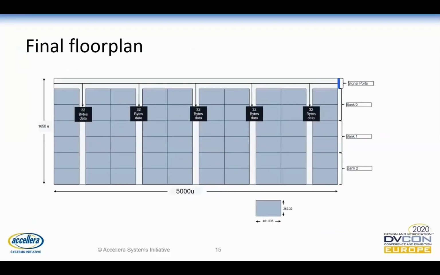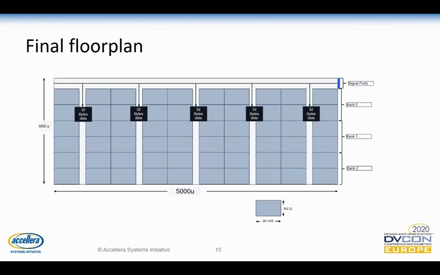But I'm convinced it is the beginning of a whole new world for EDA companies to think, and I think that's the way forward. So let's look at this final floor plan picture closely. You will see that each memory instance X and Y is defined there. X is 461.385 and Y is 262.32.